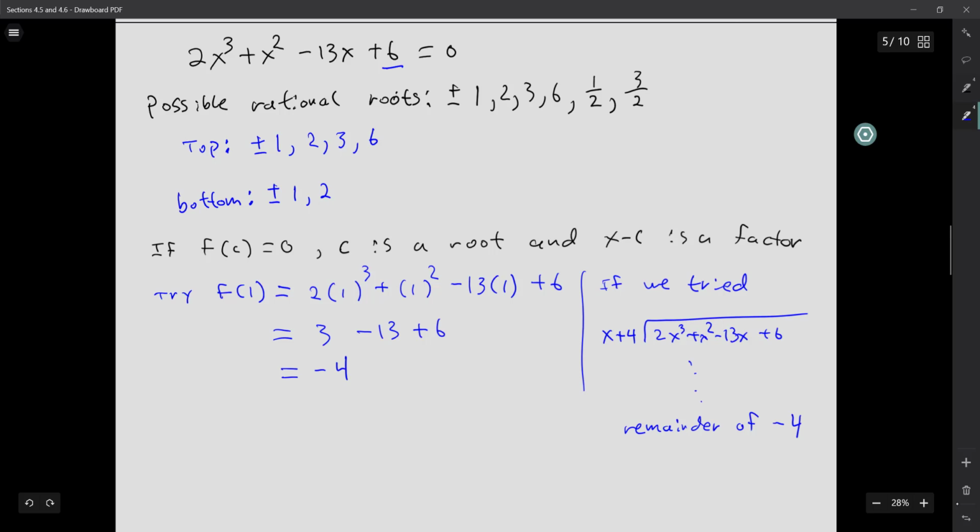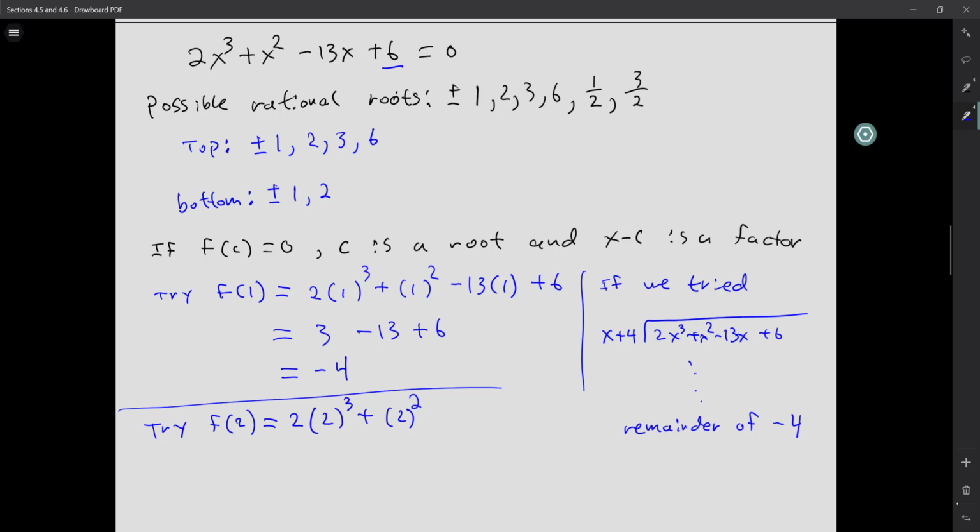So 1 didn't work. Let's try 2, because I don't really want to plug in negative numbers right now. Try f of 2. So what do we get? 2 times 2 cubed plus 2 squared minus 13 times 2 plus 6. Let's see, this is 2 times 8, which is 16, plus 4 minus 26 plus 6.